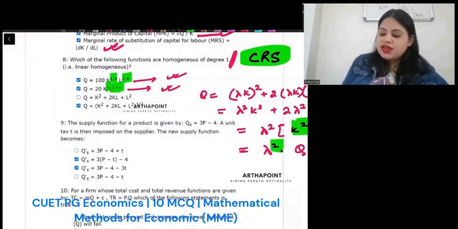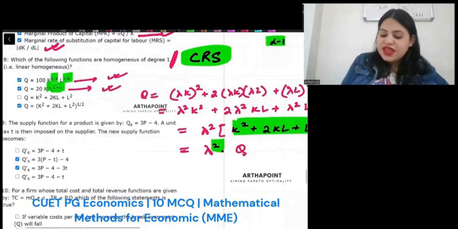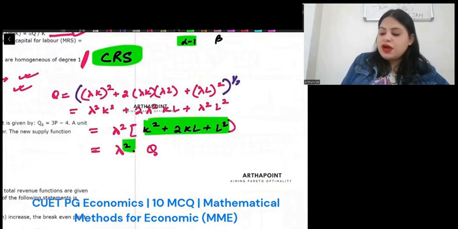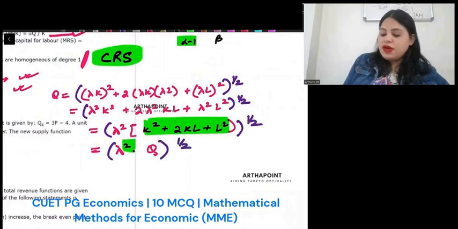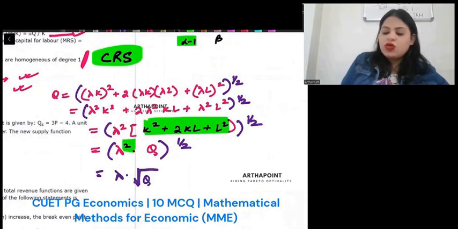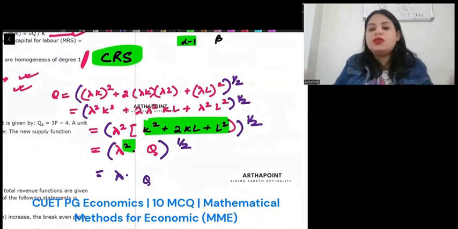Okay? Look at the last one, beta. Same, but now the power is also half. So that means whatever you have written here to the power half, to the power half, to the power half, to the power half, this becomes lambda into root q. Lambda, not root q, q only, because the value of q is itself to the power half.